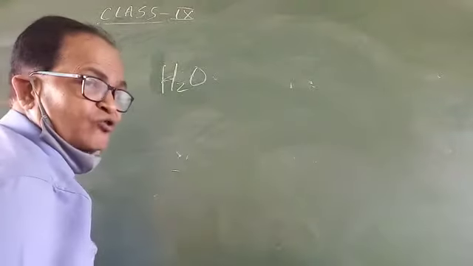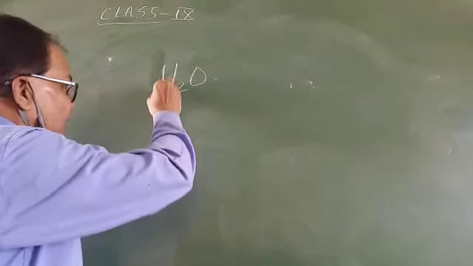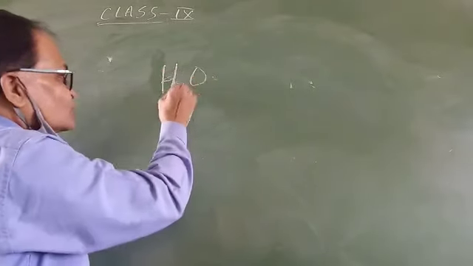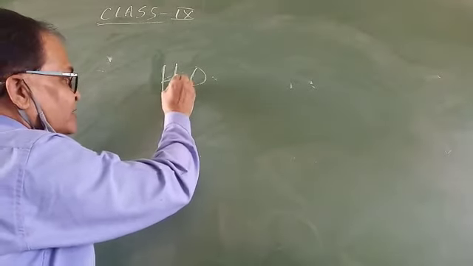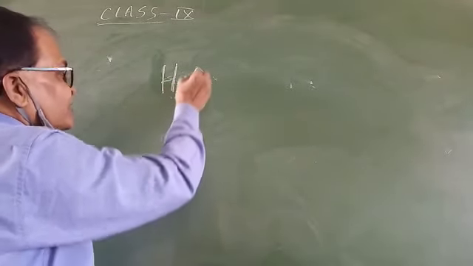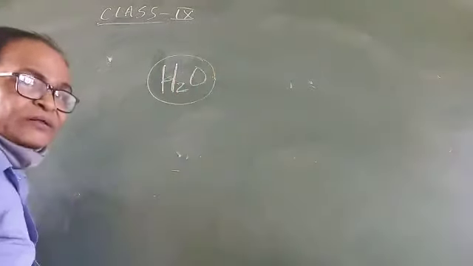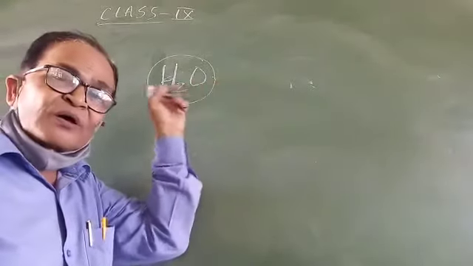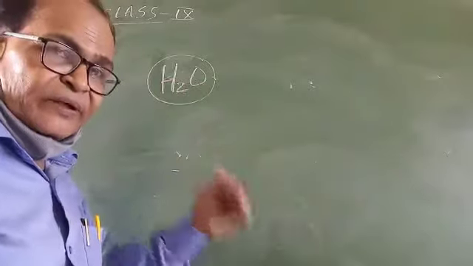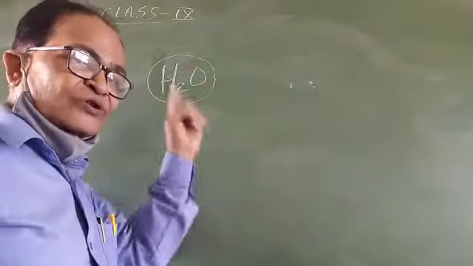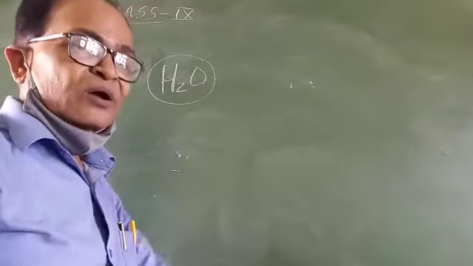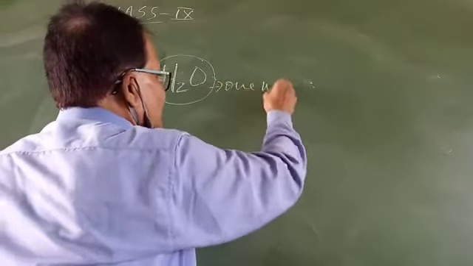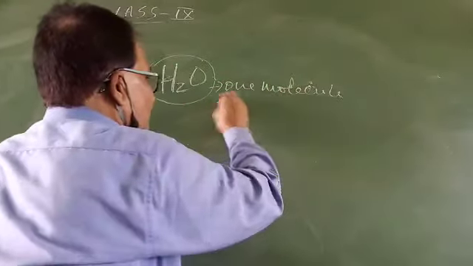So, in one molecule of water, the constituent elements are written in the form of their symbols with numeral subscripts. Here, 2 tells us that in one molecule of water, 2 atoms of hydrogen and 1 atom of oxygen are present. It means when 1 atom of oxygen combines with 2 atoms of hydrogen, then we get one molecule of water.